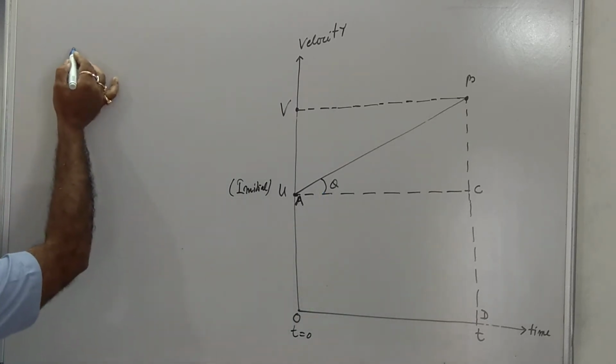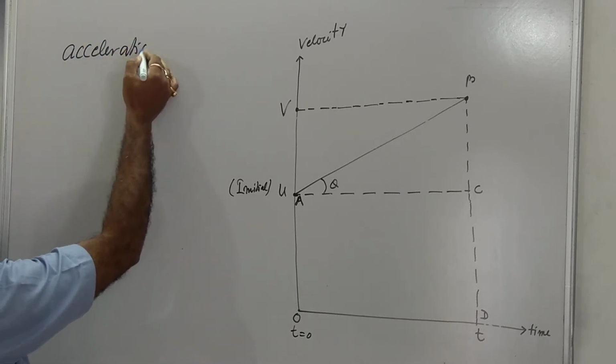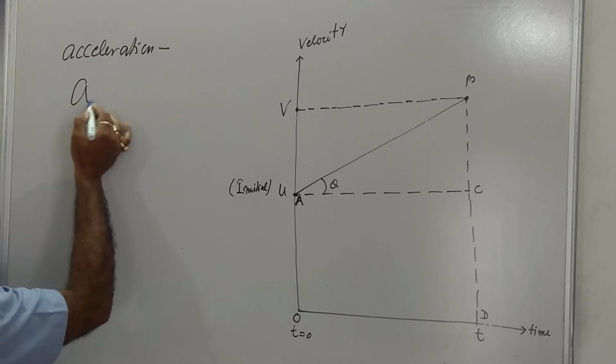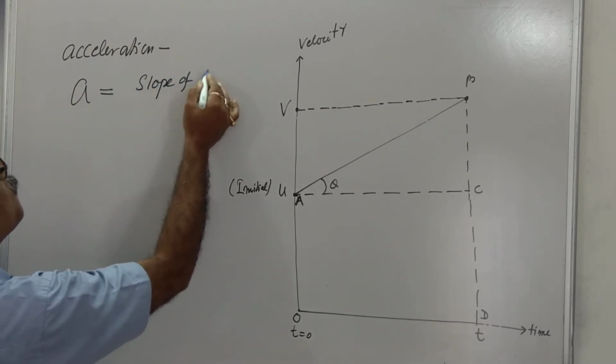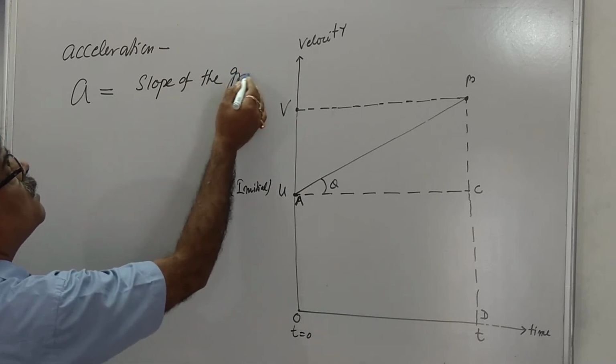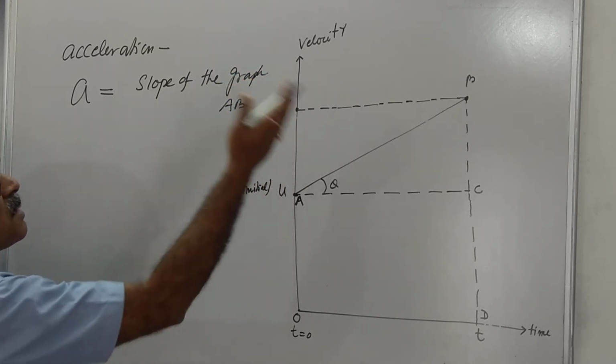So acceleration a is the slope of the graph AB, which is a straight line.